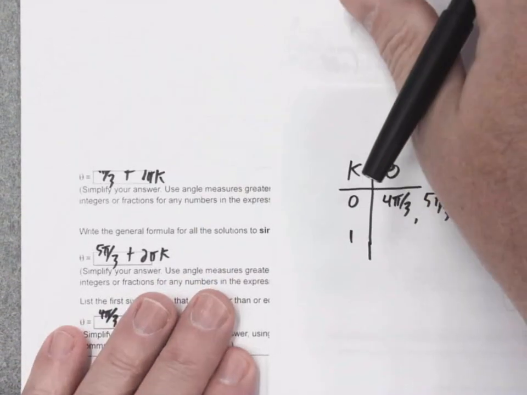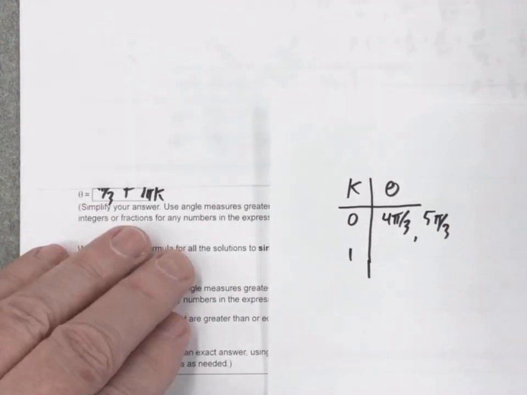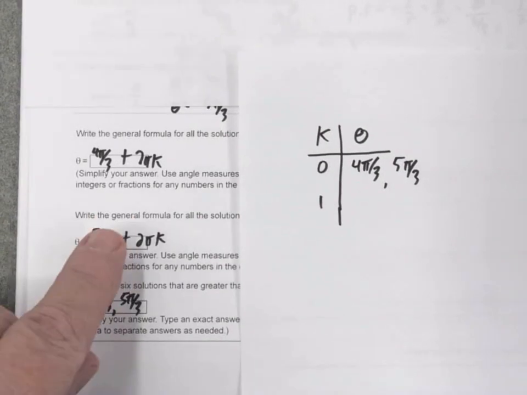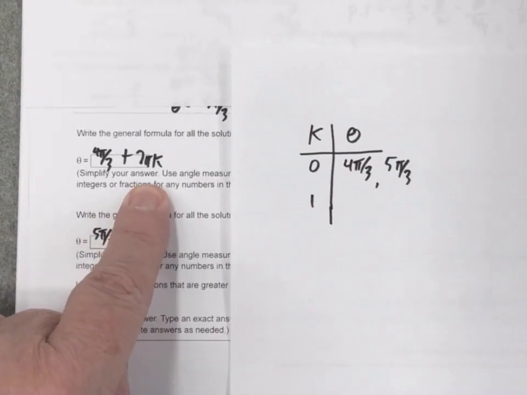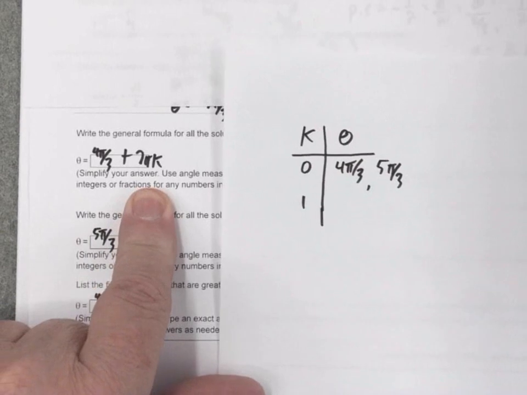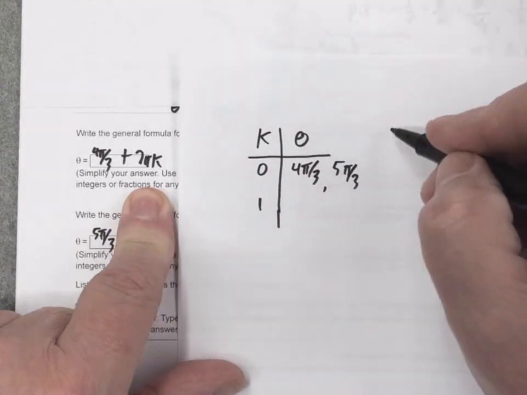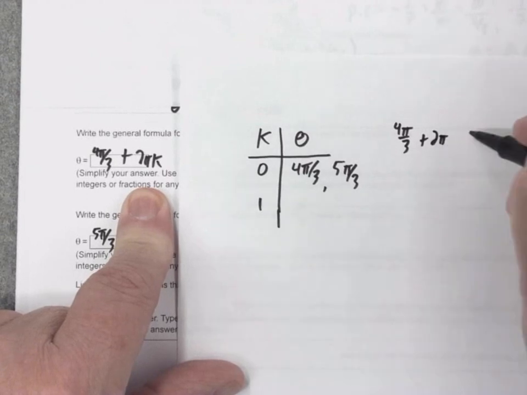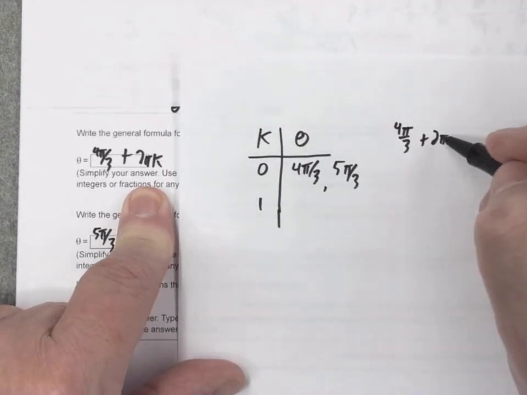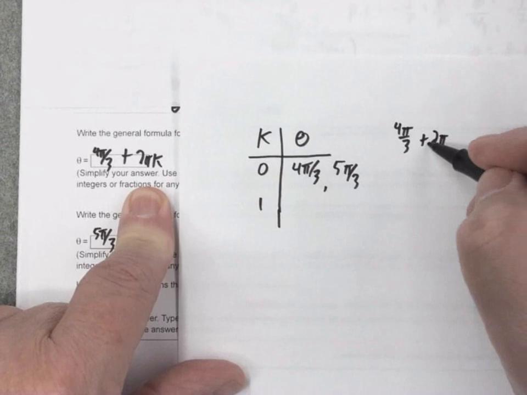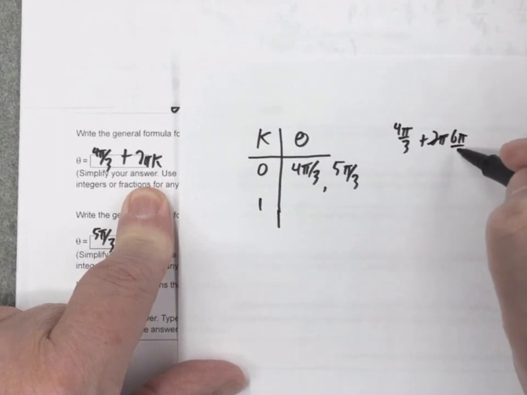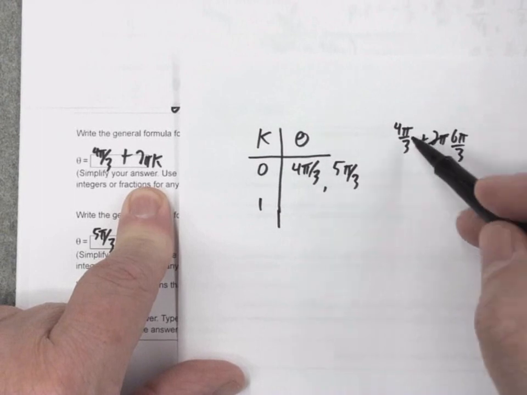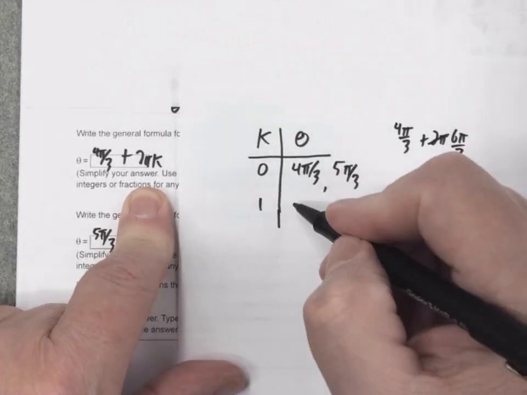Now let's bump k up to 1. So when I plug in 1 into my first general solution, I have 4 pi over 3 plus 2 pi. So I have to do a little bit of math here. Well, 2 pi with the denominator 3 is really 6 pi over 3. So 4 pi over 3 plus 6 pi over 3 is 10 pi over 3.